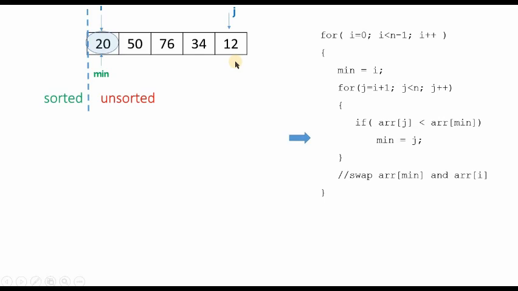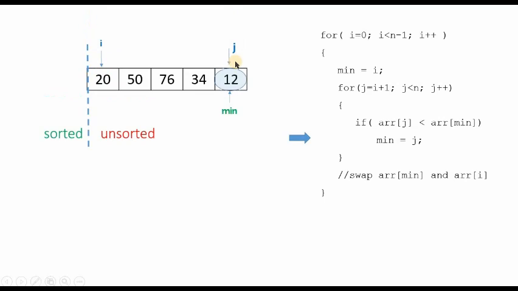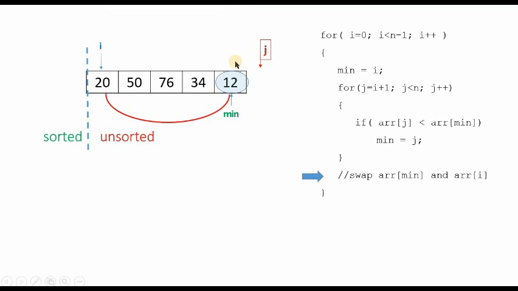And if we ever find an index j whose value is less than the value of minimum, we set that as the minimum index. Once we end scanning the entire list of elements, we will have the index of the minimum element. The last step is to swap the element at the min index with the ith index.